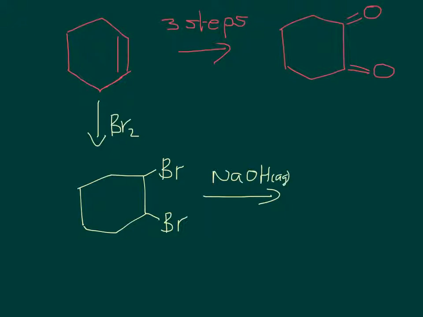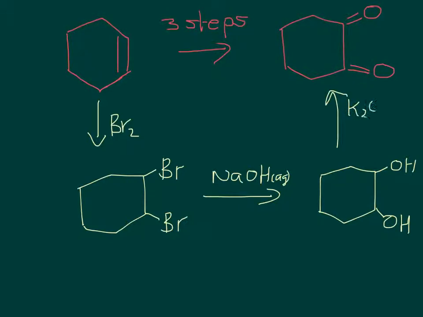Once you've got your bromine on there, you can react that with sodium hydroxide solution, and that will turn your bromine into alcohol groups. So you will be making a diol. And finally, you know how to turn an alcohol into a ketone. You can add acidified potassium dichromate solution, so K2Cr2O7 / H+ aqueous.